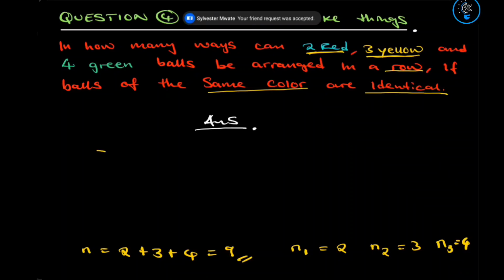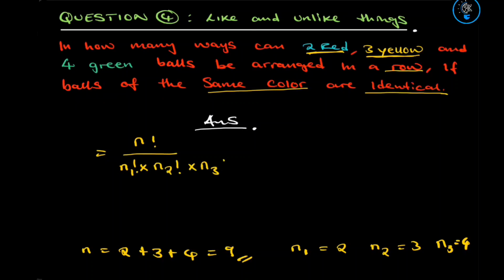So to find the total number of arrangements, it's n factorial divided by n1 factorial times n2 factorial times n3 factorial, which will be equal to 9 factorial divided by 2 factorial multiplied by 3 factorial multiplied by 4 factorial.